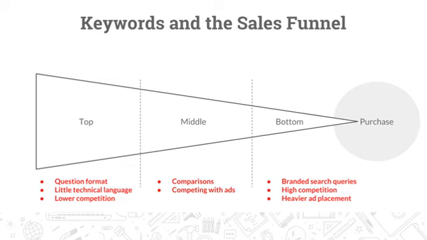Bottom of the funnel search queries tend to be very branded. There tends to be a lot of ads showing up and much higher competition purely because it's so close to the purchase. When things are close to the purchase, there tends to be more competition. More people are vying for those bottom of the funnel search queries.